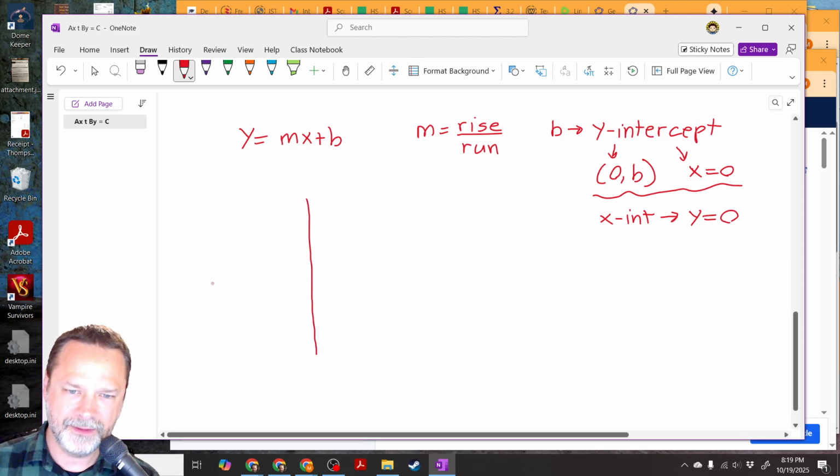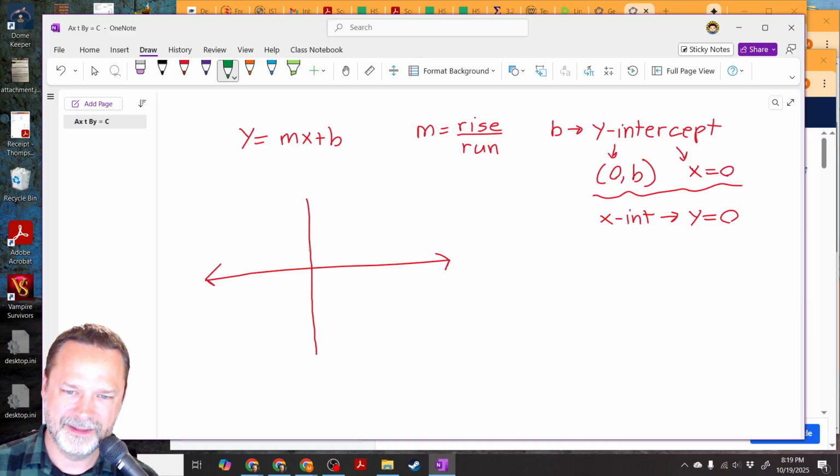I guess I'm going to do this out of order, but generally the idea here is you start with your b here. Okay, so we got a point, 0, comma b, and then we have a slope. So then we'd do our slope. We would count our rise and then our run, and we get another point.